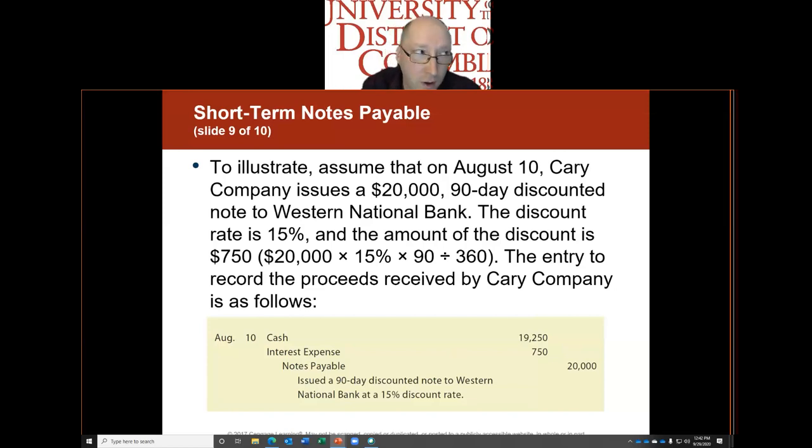Instead of us paying the $20,000 plus interest, we're only going to receive cash that's less than the face amount. We're still paying back the $20,000 that we borrowed. The difference is that instead of the bank asking for interest on top, they're just giving us less than the original face value amount. That's why they call it discount.